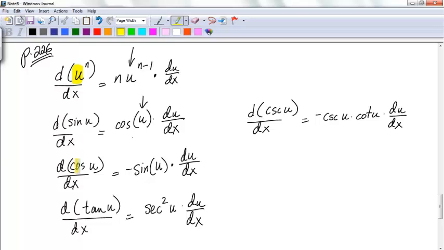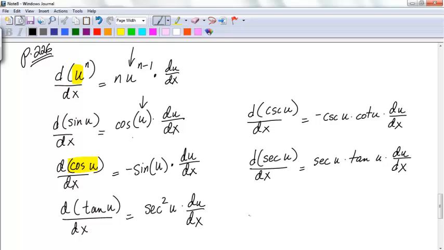And the reciprocal of cosine is secant, so let's put it next. The derivative of secant of u with respect to x equals secant of u times tangent of u times the derivative of u, derivative of the angle with respect to x. Okay, and the reciprocal of tangent is cotangent.